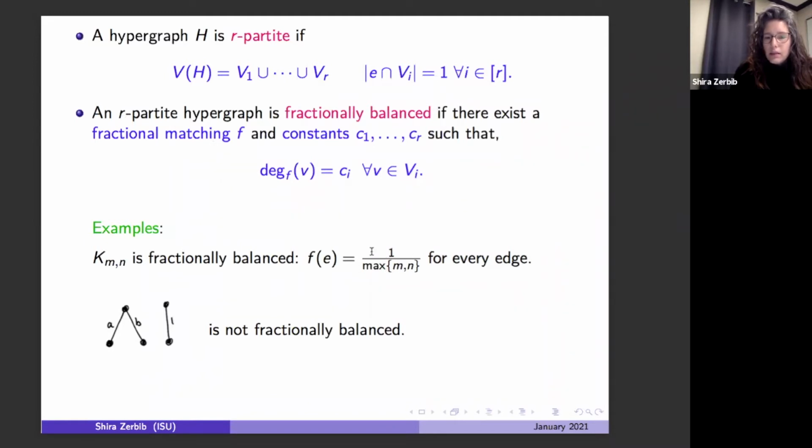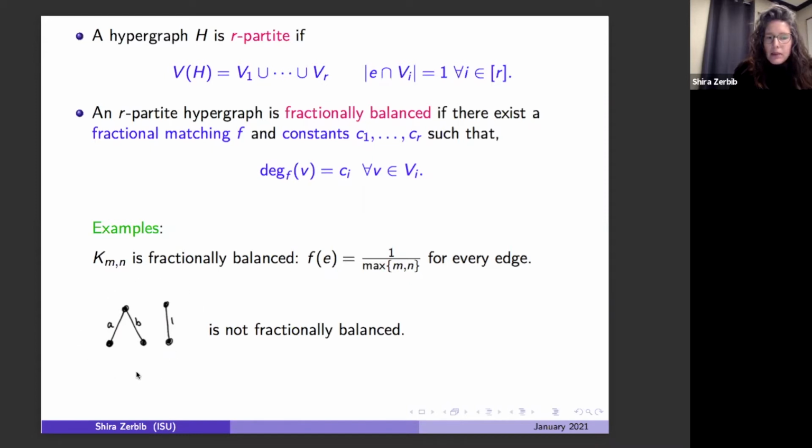If I take the weight of every edge to be 1 over the maximum of m and n, then on the first side I get n over max(m, n) to be C1. And on the second side, I get m over max(m, n) to be the constant C2. Okay?